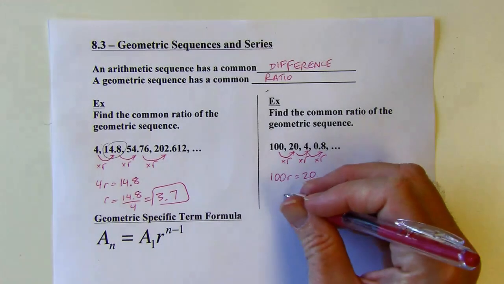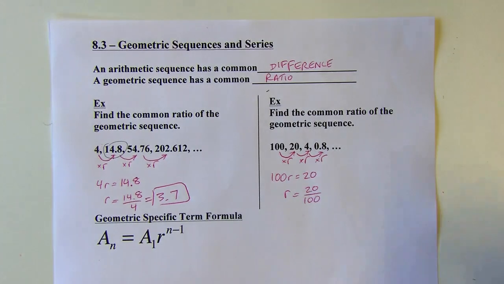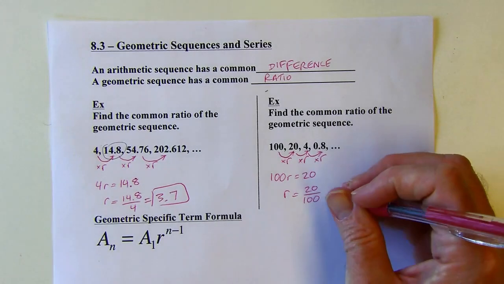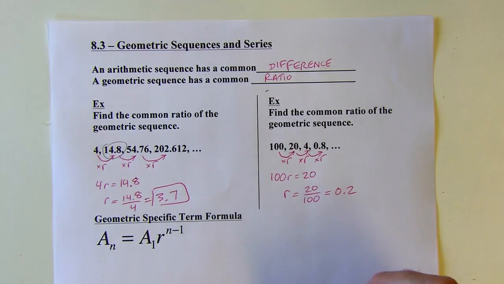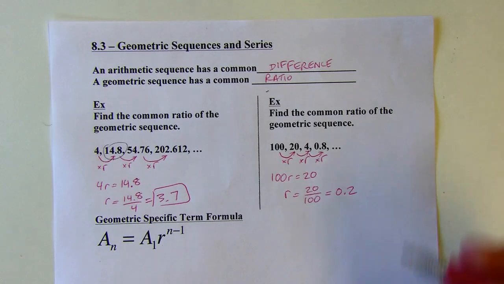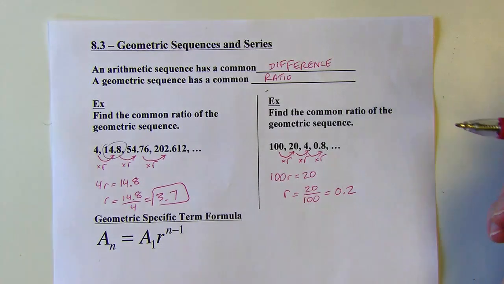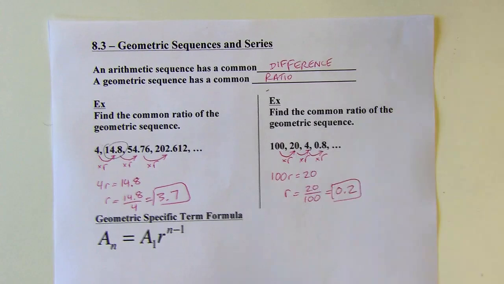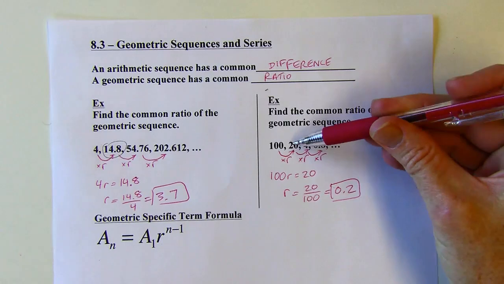I'm going to divide by 100, and then I'm going to get 1/5. This would be 2 over 10 if I reduced it, which would reduce into 1/5 or 0.2. So my ratio is 0.2. Yeah, it's dividing by 5, but dividing by 5 is the same as multiplying by 1/5, right? So my ratio is 0.2, and you could test it out right there as well. You can always just take any term and divide by the previous term.